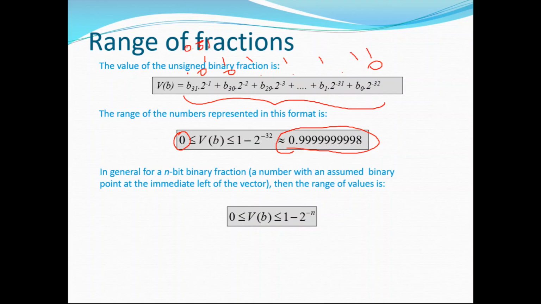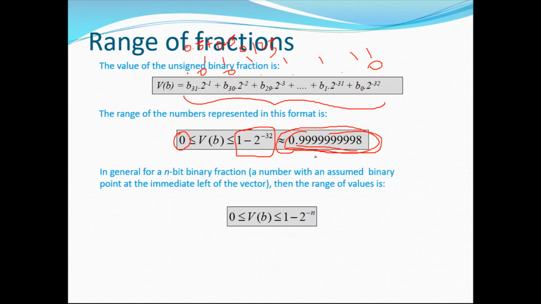0.5 plus 0.25 plus 0.125, and so on and so forth. If you add all these things, what you will get is this number, approximately equal to 0.9998. This number can be represented as 1 minus 2 to the power minus 32.